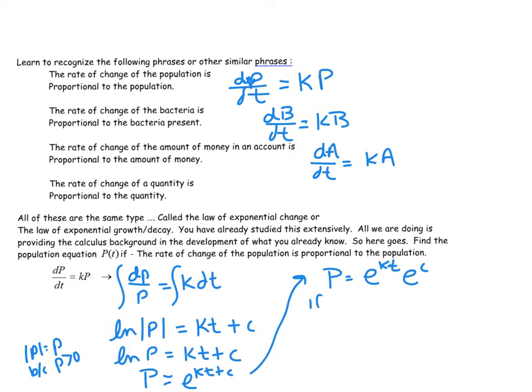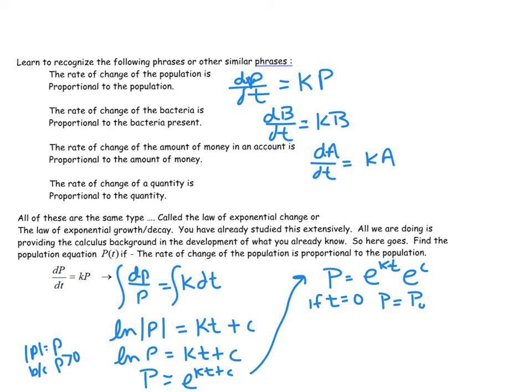We know that if t is equal to 0, then the population will be whatever the initial population is, and we could write that as P sub 0.